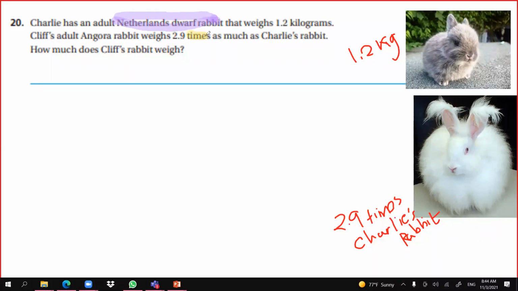Times. Yes, bravo. Thank you, Malak. If you see something like 2.9 times something, it means you have to multiply this number 1.2 by 2.9.